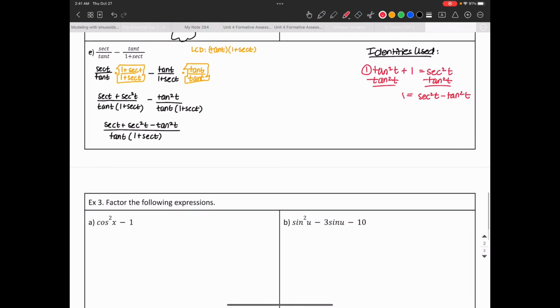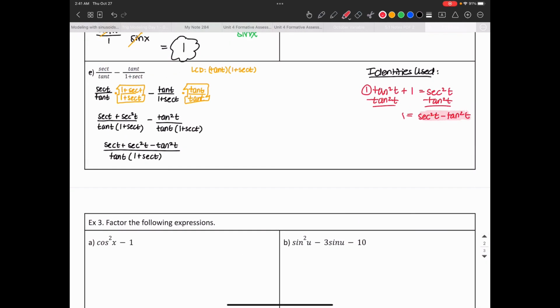So I can say, okay, well, these two terms I can write as just 1. And that's what I'm going to do. I'm going to rewrite this as secant of t plus just 1 all over tangent of t times 1 plus secant of t.